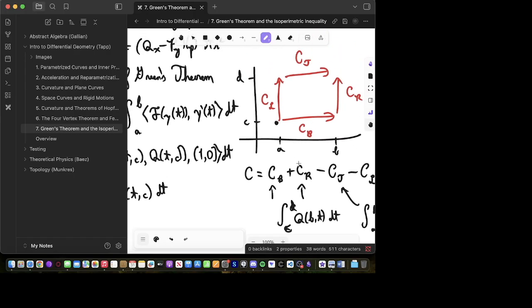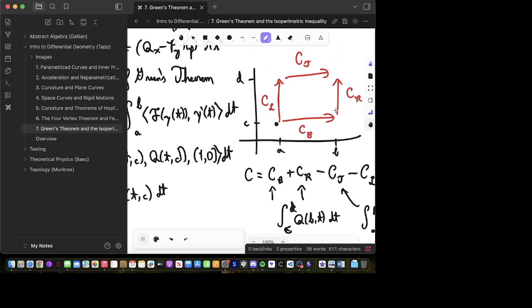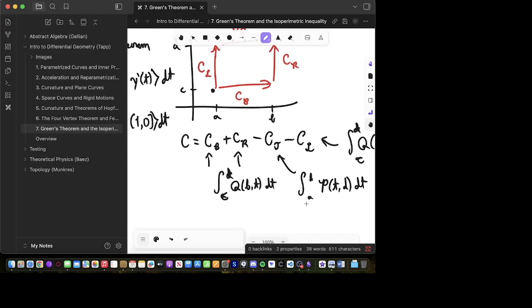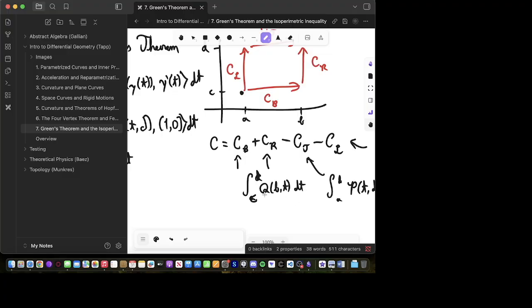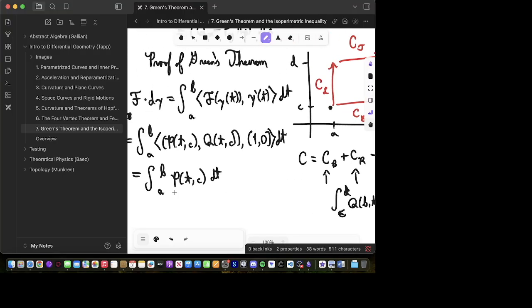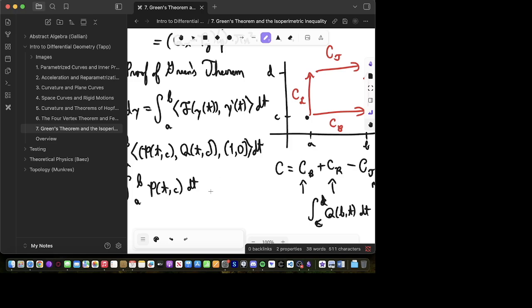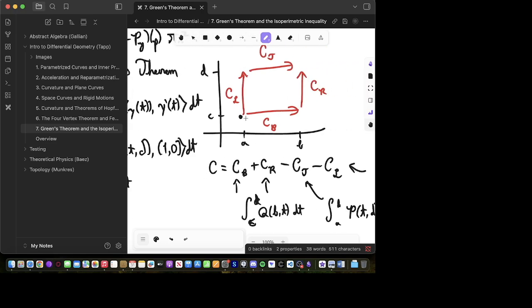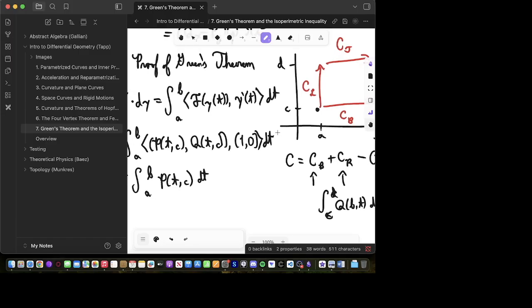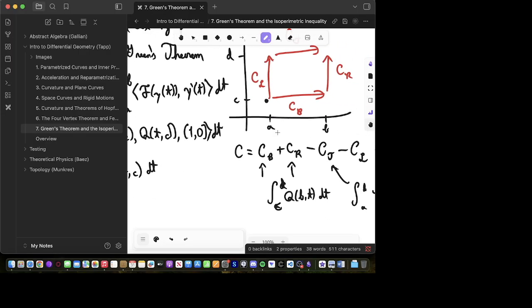Along CR, b is going to be the x value, so we put b there, and so on and so forth. And you can see here, along CB, we're integrating from t equals a to t equals b, which is basically x equals a to x equals b. And then so on and so forth.